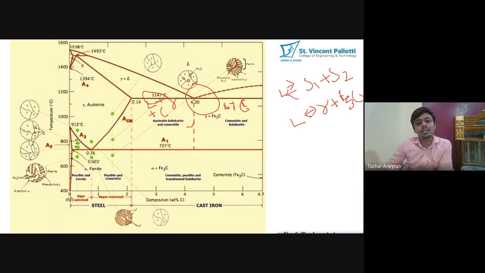And this reaction is an isothermal reaction which is happening at 1147 degrees centigrade. Immediately after liquid, you are landing into the two-phase region which is austenite plus cementite. And that mixture which is austenite plus cementite is called ledeburite.